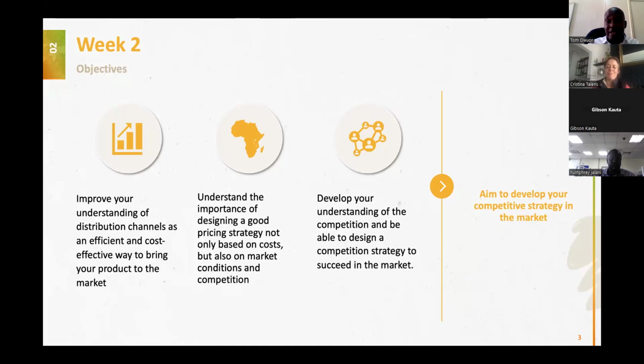So today we are going to start off, and the key objectives are just as I have explained. By the end of this week, we will have asked ourselves whether we have achieved these objectives or not.